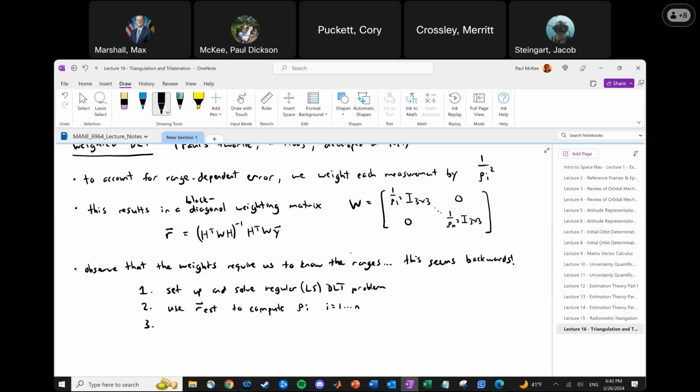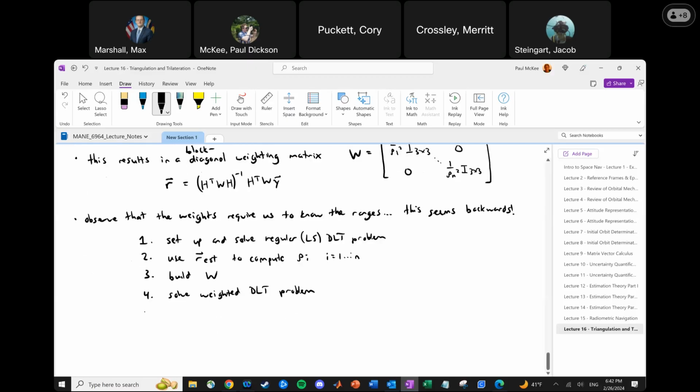Then build your weighting matrix W. And then we're going to solve the weighted direct linear transform problem, which is basically the weighted least squares problem. And then finally, just repeat steps 2 through 4 until convergence, which is usually quite rapid.